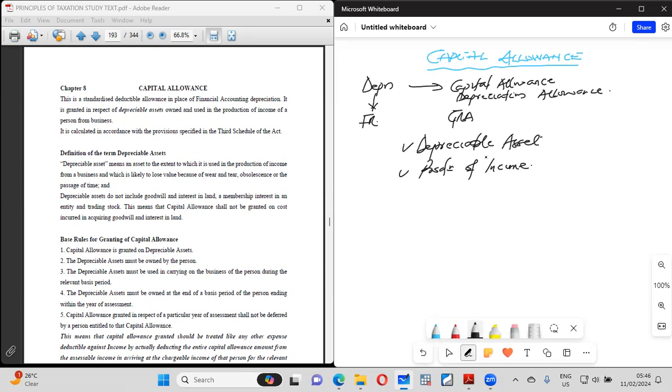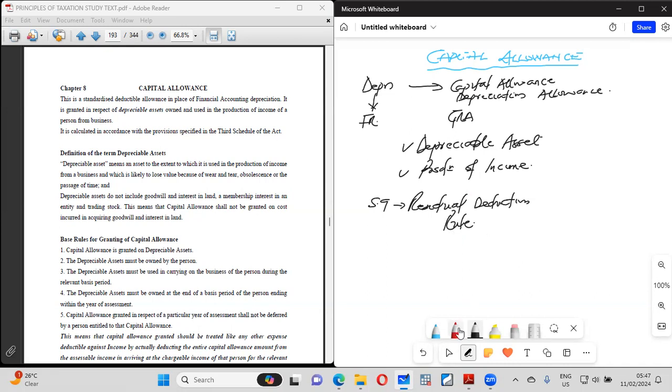Now, if you remember when we were doing the business income, we saw that in section 9, there is what we call the residual deduction rule. From the residual deduction rule, we learned that before an expense or any amount can be allowed as a deduction, it must pass through the concept of NEW.